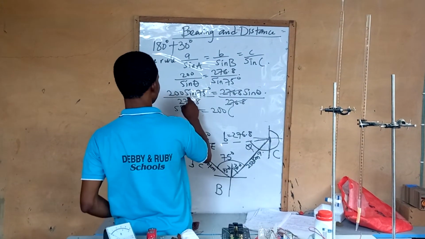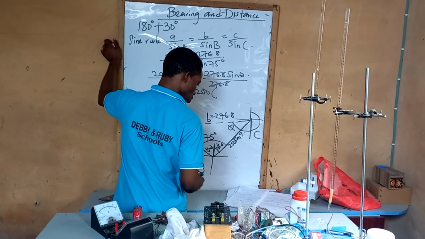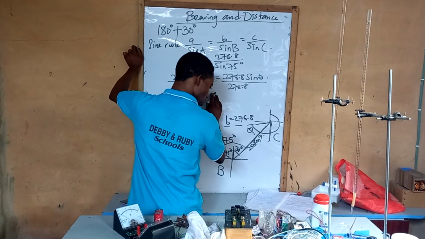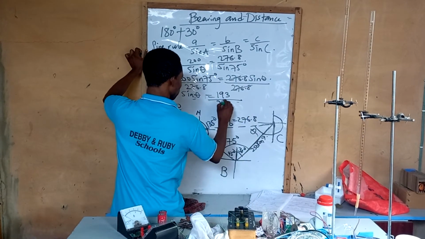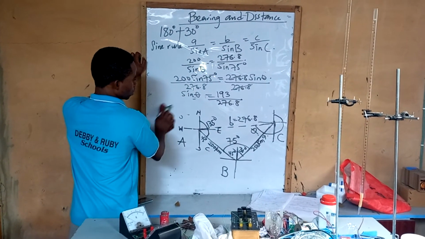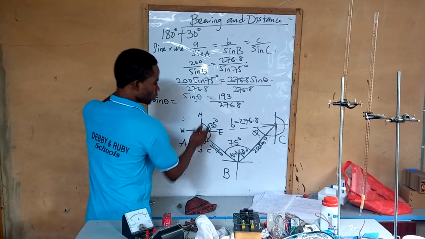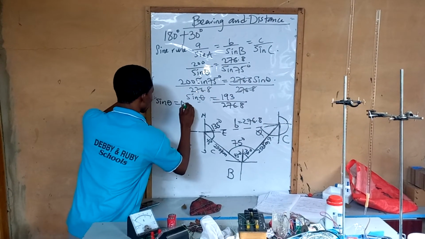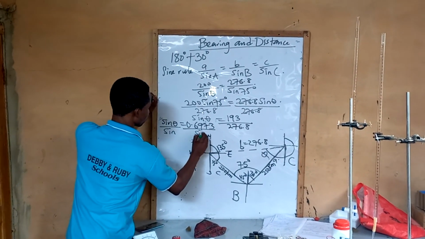So when I multiply sine 75 times 200, it gives me 193. 193 over 276.8. So sine theta, 193 divided by 276.8, gives me 0.6973. That is sine theta, because you are looking for the angle.